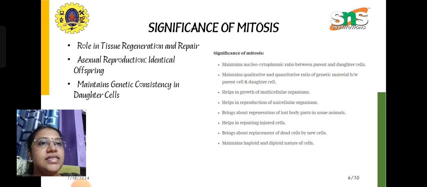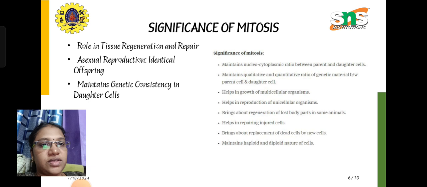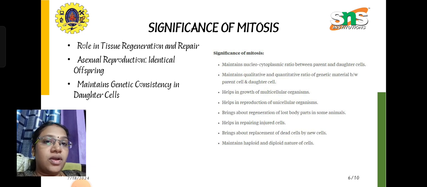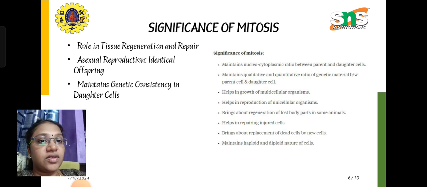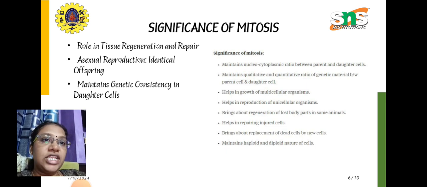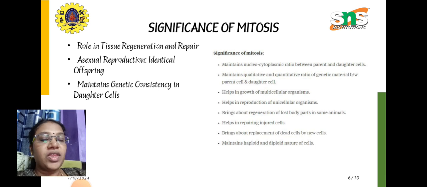And next is the significance of mitosis. By the process of mitosis, there is a role in tissue generation and repair, and asexual reproduction, that is, identical offspring. It maintains genetic consistency in the daughter cells.